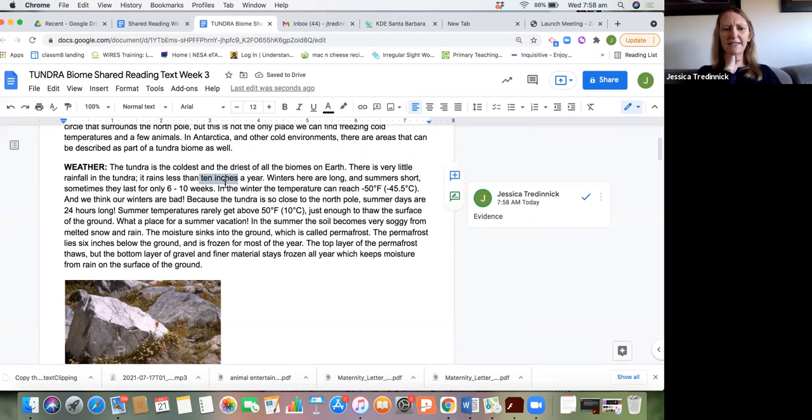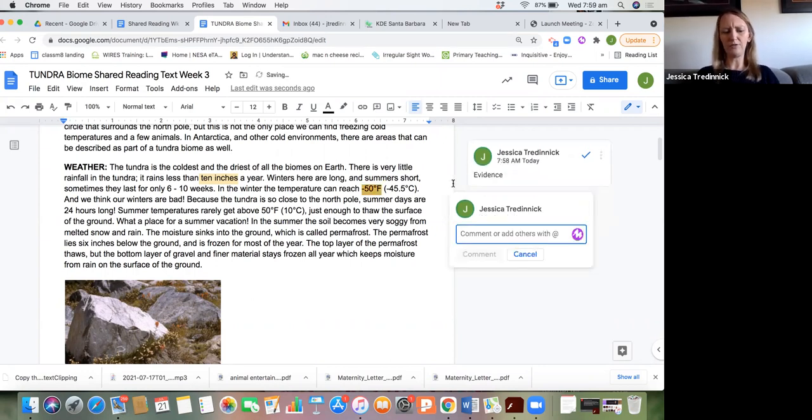So I can skim and scan, and I've got here in the winter, the temperature can reach minus 50 degrees F. And we worked out the other day that F means Fahrenheit. Because this one I know, this one is minus 45.5 degrees Celsius. That C is Celsius. That's the measurement I know. This is one that I've kind of heard before, but I've heard it before in American movies.